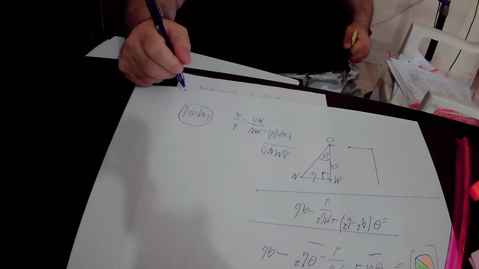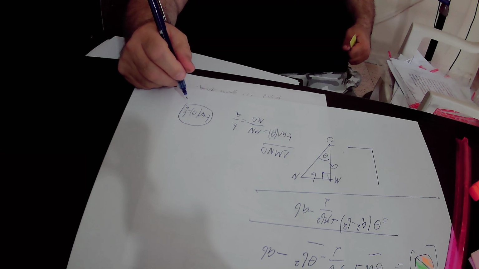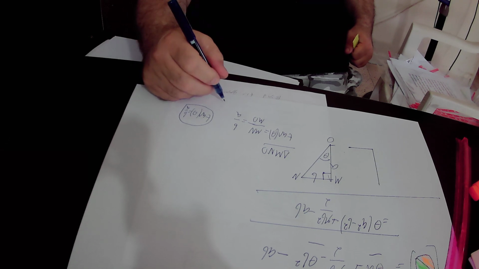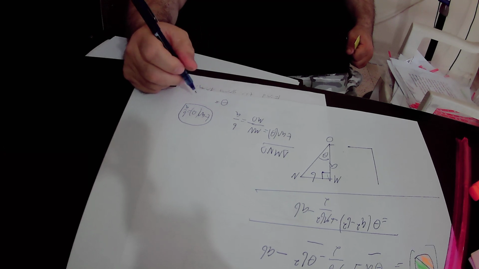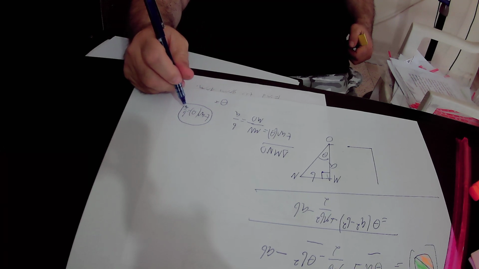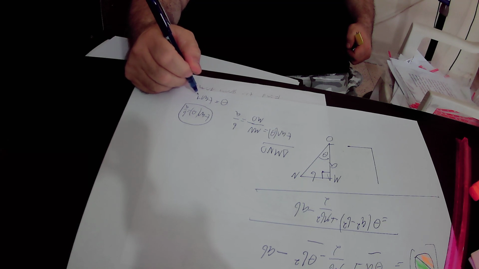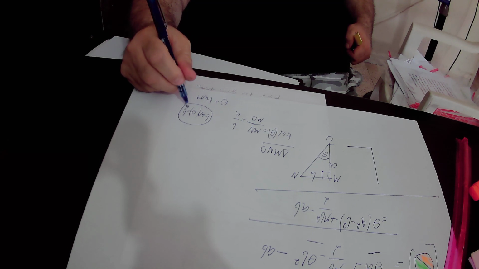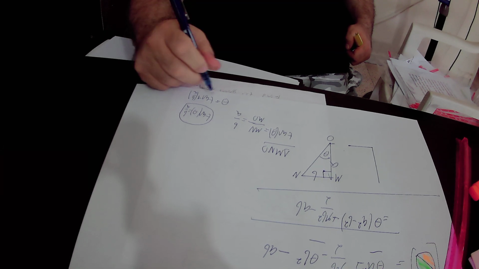In order to find the value of theta itself, we will operate the opposite function of tangent, that is tangent minus 1, on the result, that is B over A, and this will give us the value of theta itself.